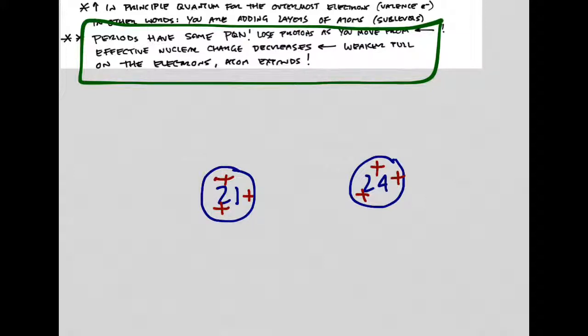Now, of course, we increase the number of electrons, but as you increase the number of electrons, you haven't increased the principal quantum number. So you haven't added layers, you've just added electrons.